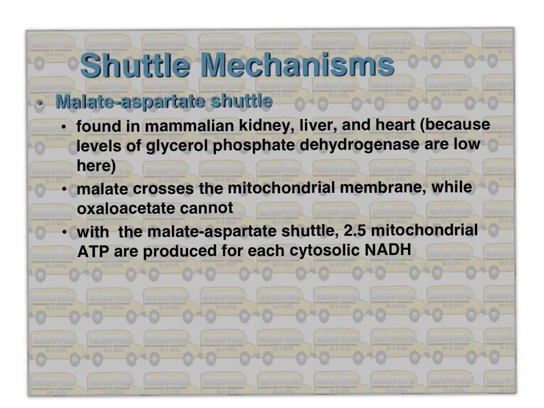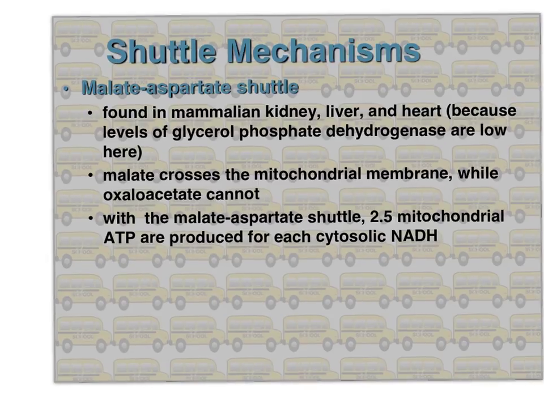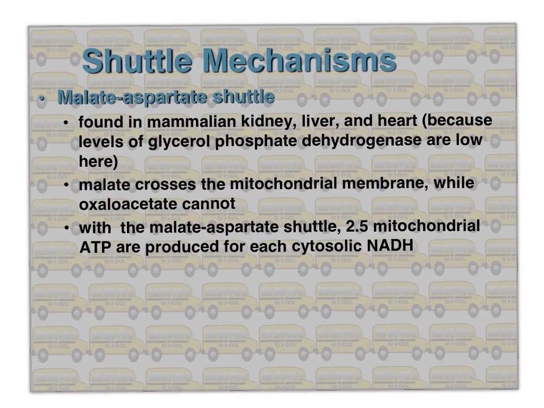And so with malate-aspartate, we're utilizing malate and aspartate, obviously, that can pass through the membrane, right? So this is found in many different tissues, but especially the kidney, liver, and the heart, because they just have lower concentration of glycerol phosphate, okay?